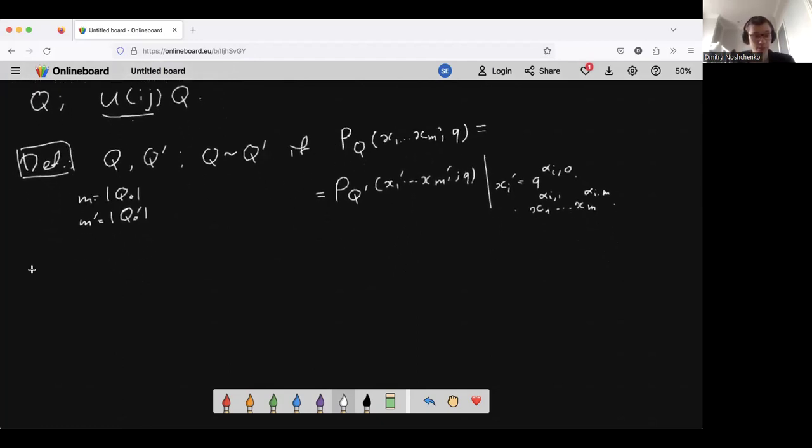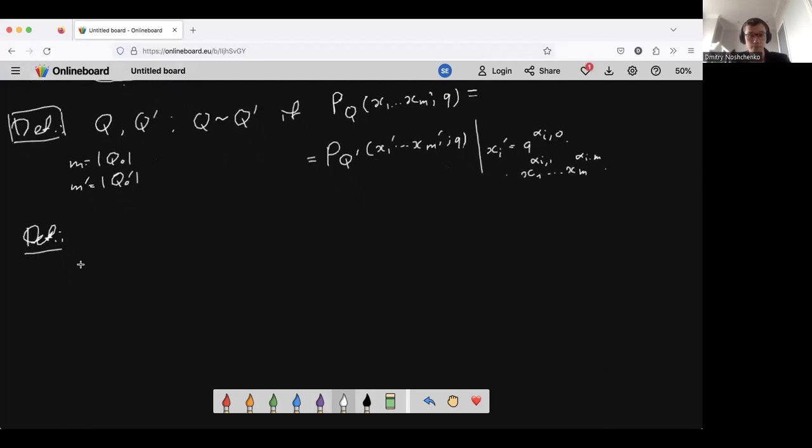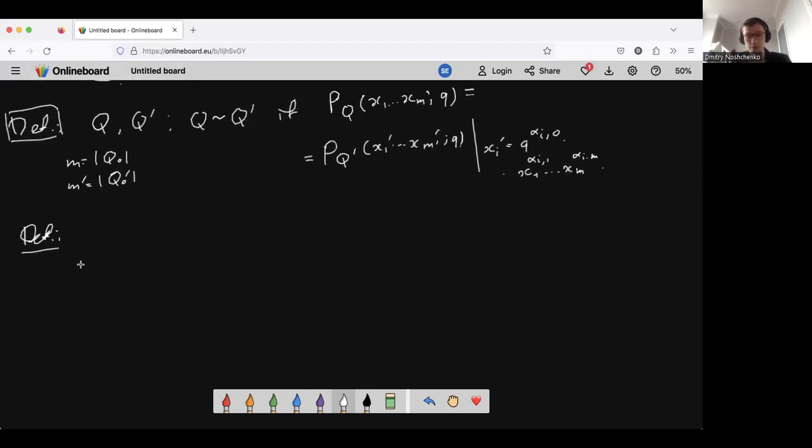Let me define the next object. Next we can study all unlinking operations, and we can define what we call the unlinking monoid.